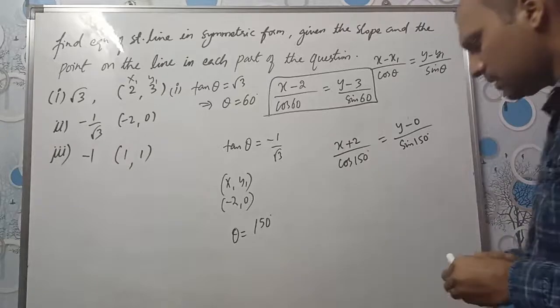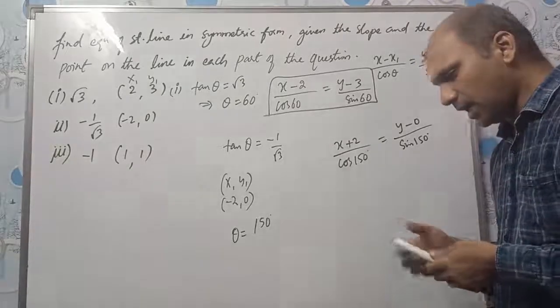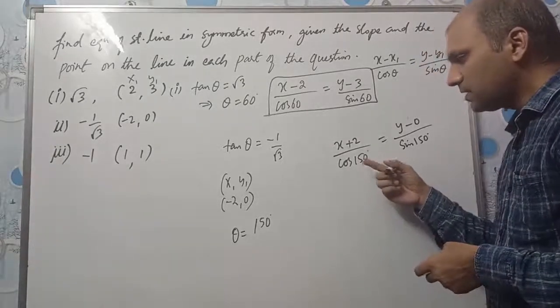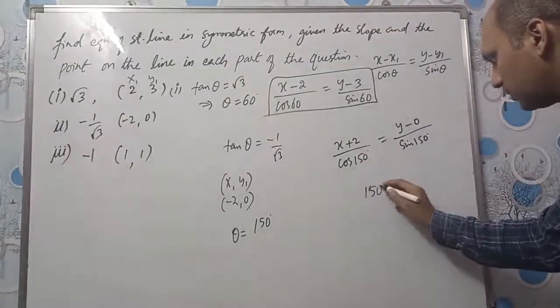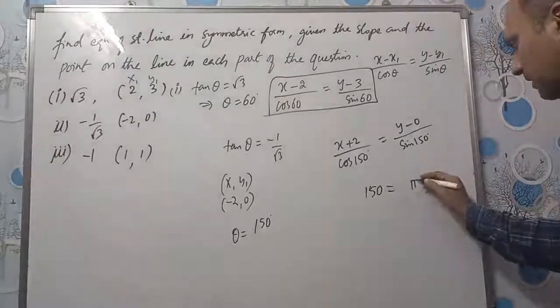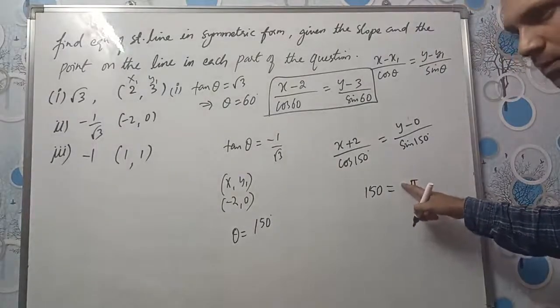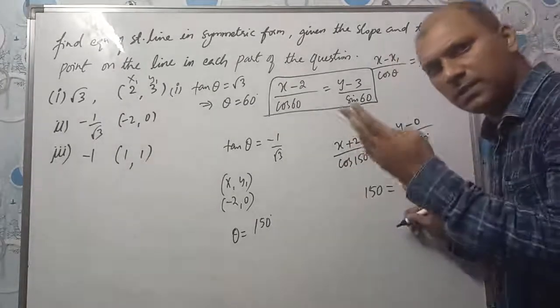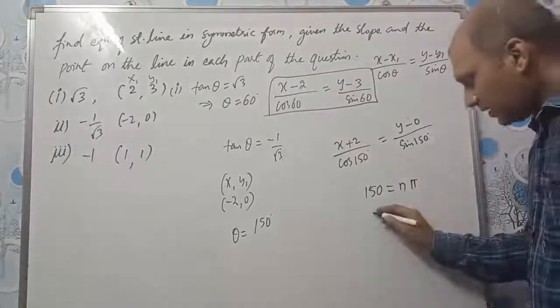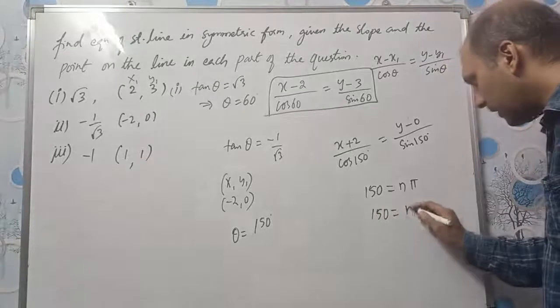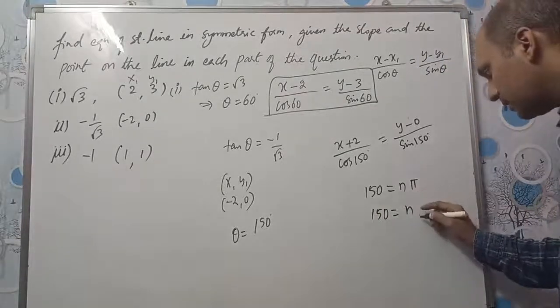See, some students will get confused. Sir, how should we write these degrees in radians, in pi? I'll give you a trick. Let us say we need to write 150 in terms of pi. We don't know what will come here. Pi by 3, pi by 4, 2 pi by 3, 5 pi by 3, n is something, right? So let us write it as n. So 150 is equal to n pi, and pi is 180, right?